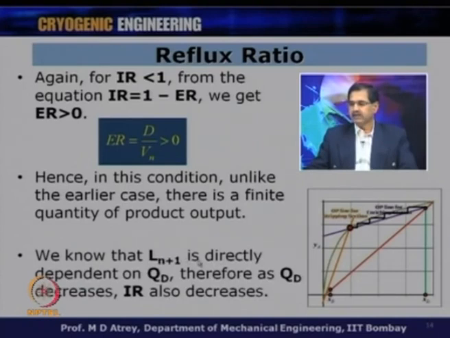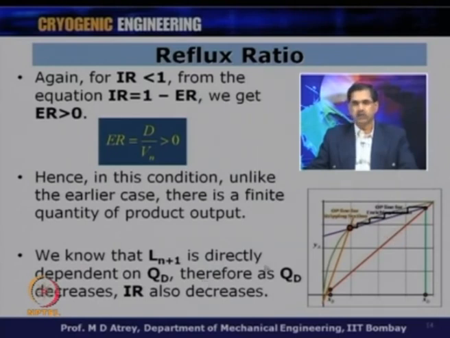So, we know that Ln plus 1 is directly dependent on QD. Therefore, as QD decreases, which can happen because the cooling effect at 77 Kelvin, for example, is going to be very low. As I said, the major cost is the cooling effect available at 77 Kelvin. So, if QD decreases, your operating lines would shift towards the equilibrium curve.